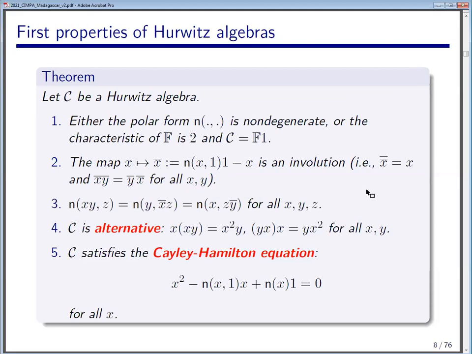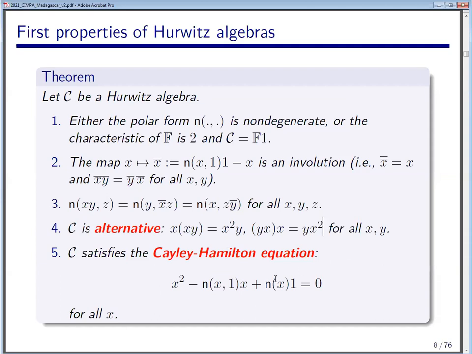And finally, all these algebras are quadratic in the sense that the square is always a linear combination of 1 and x. Something like this appeared in the first talk this morning, where x squared was always a linear combination of 1 and x. And if the field has enough elements, this always gives a linear form and a quadratic form.